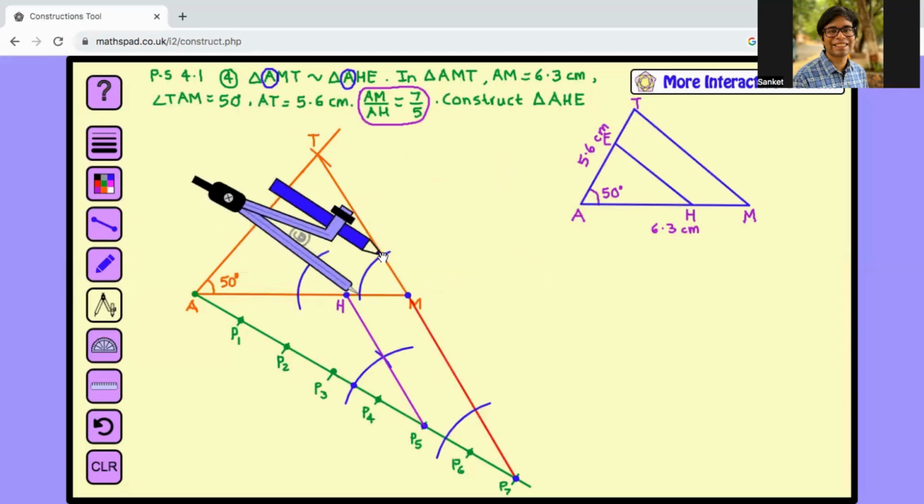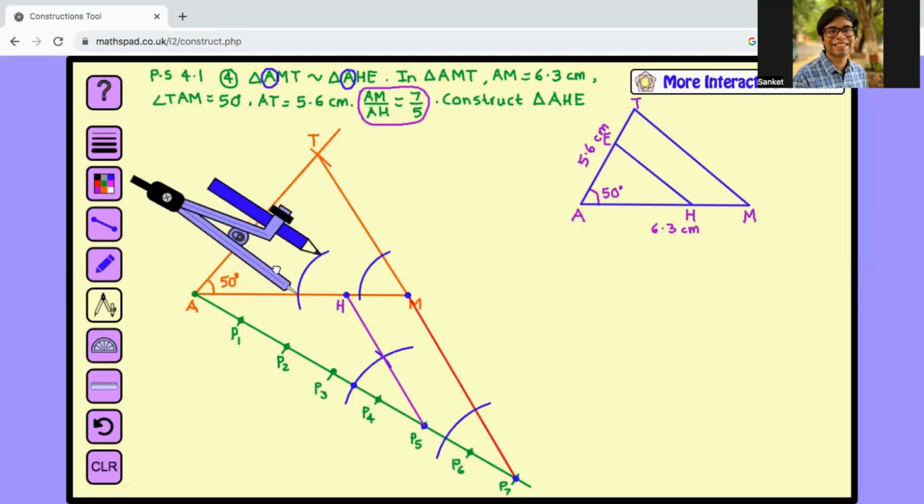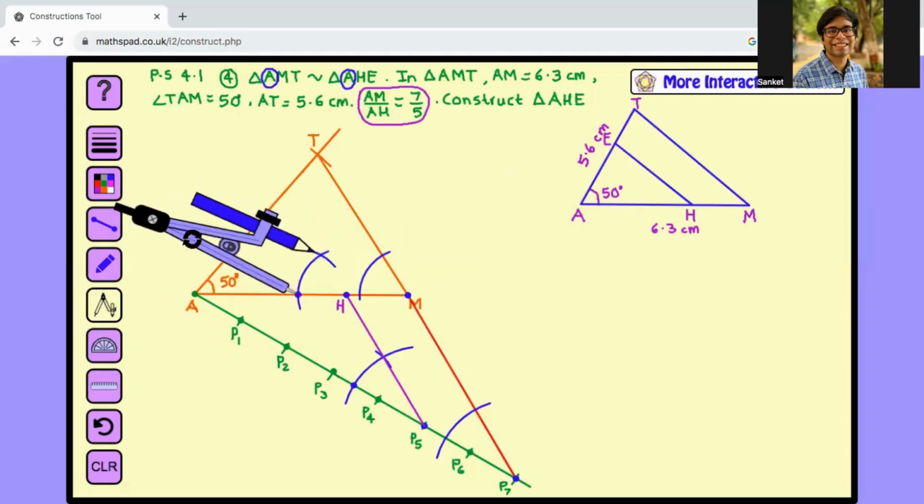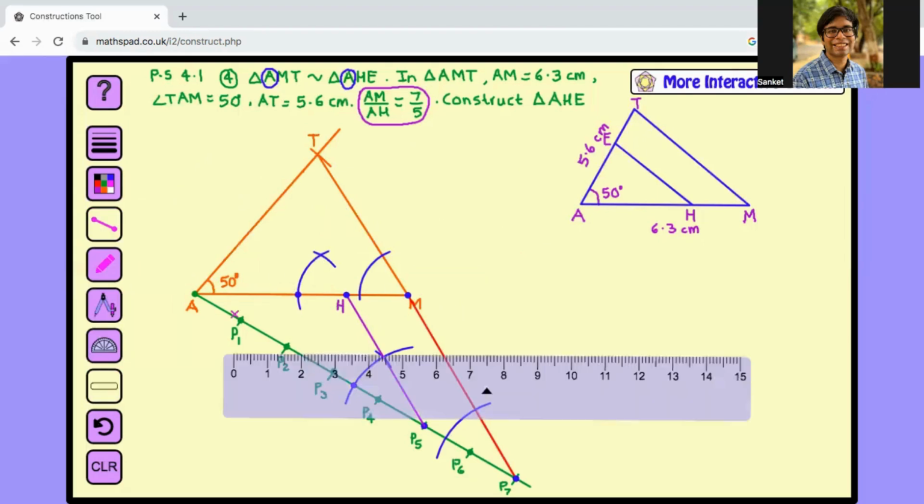From here to here. Fix that distance. Move my compass to this point and draw an arc. I'll keep my compass away. Now I'm going to join H and this point.